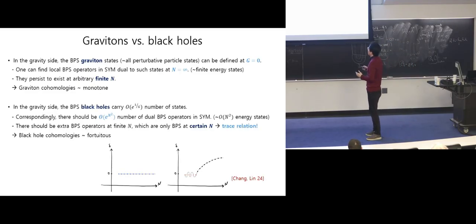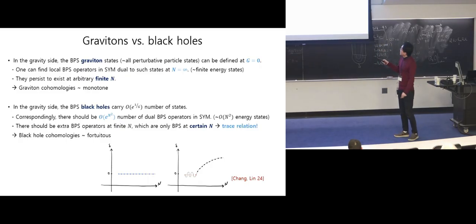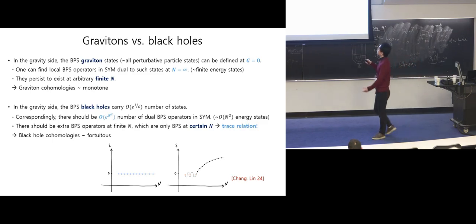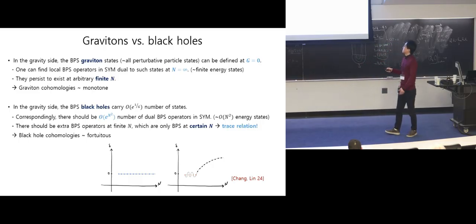I got these figures from Qiming's paper. The anomalous dimension of graviton operators does not depend on N, so usually people call them monotone operators. However, on the gravity side, we know that there exist supersymmetric black holes which carry N squared number of states. So we should find N squared number of dual BPS operators in super Yang-Mills, which carry N squared entropy.